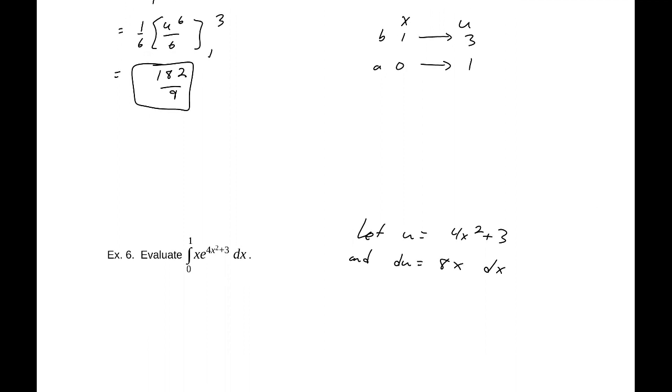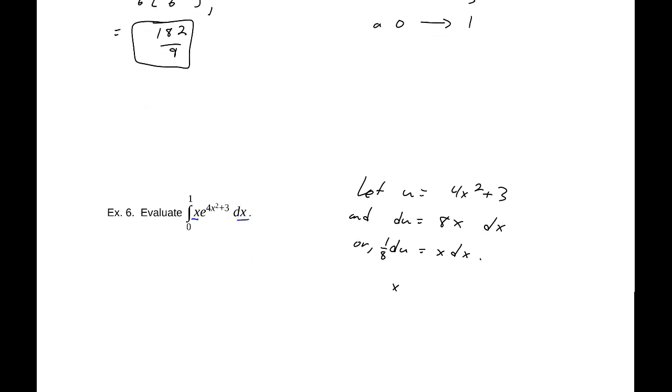However, we want to substitute in an x dx, so we'll modify this by a factor of 8: 1/8 du equals x dx. I've got my x endpoints, 0 to 1, and I want to convert those to u. Evaluating at 1, I get 7. And evaluating at 0, I get 3.